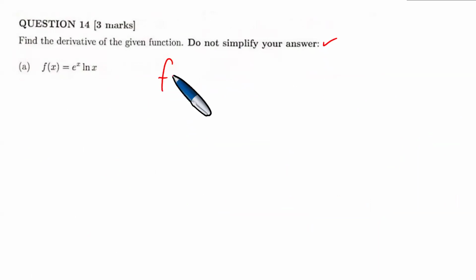Obviously this might be looking small to you, but f of x is equal to e to the power x ln x. So f of x is e to the power x ln x. Please do this one quickly. I know it's easy.